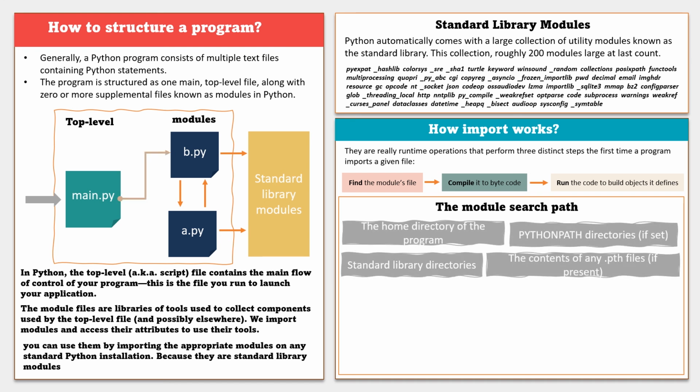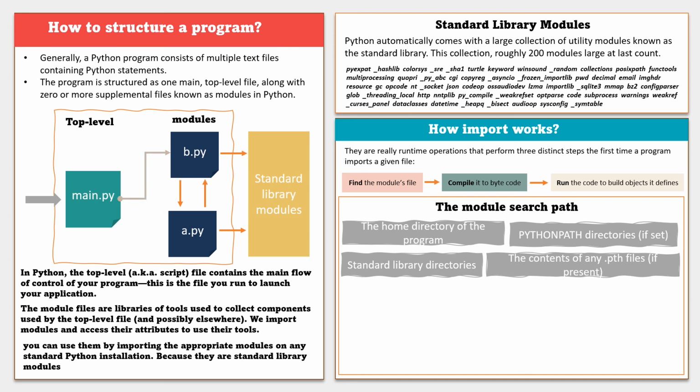Roughly, Python's module search path is composed of the concatenation of these major components, some of which are preset for you, and some of which you can tailor to tell Python where to look.